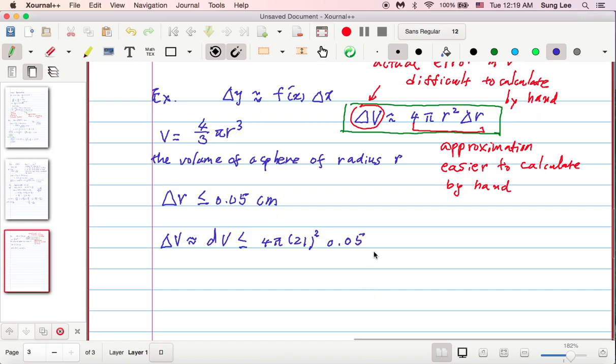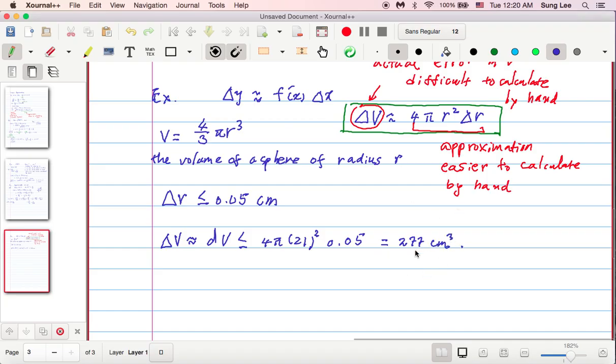If you use the numerical approximation for pi, 3.14, altogether that's going to be 277 cubic centimeters.